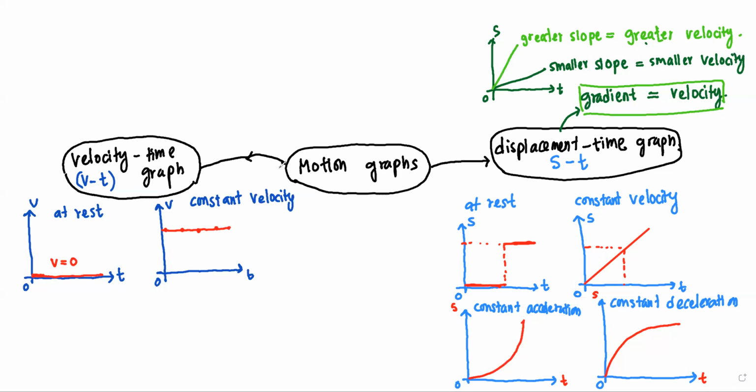Now, we should not get confused with the graphs we learned here and here. So the displacement-time graph has a separate way of explaining that shape, and for a velocity-time graph, you have a separate shape for that, right? Then the next thing is constant acceleration.